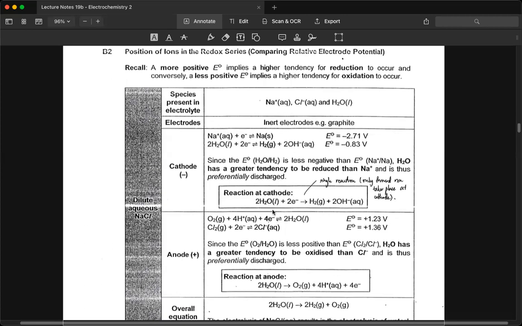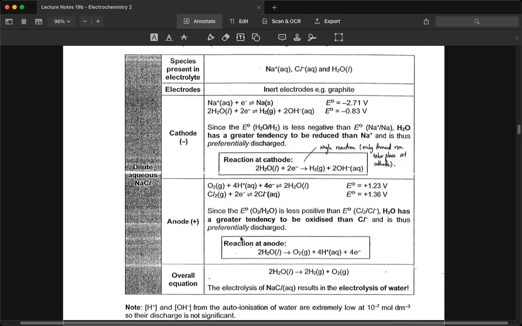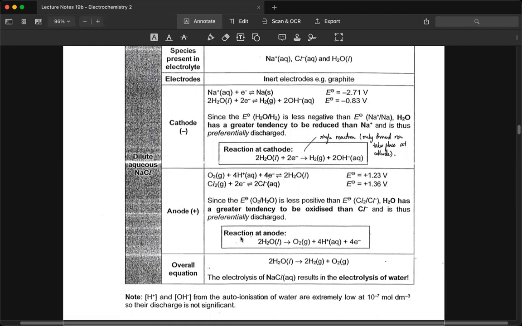So at the cathode, what happens is that the water is reduced to form hydrogen and hydroxide ions. This is a single reaction that takes place at the cathode. The difference is too large for sodium ion to be discharged, so sodium ion is not reduced.